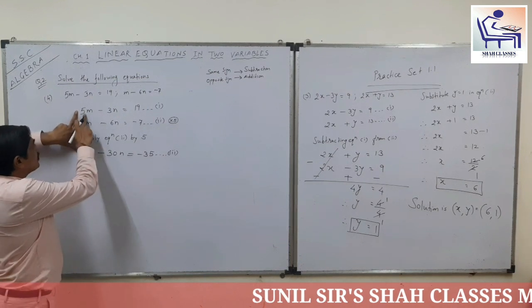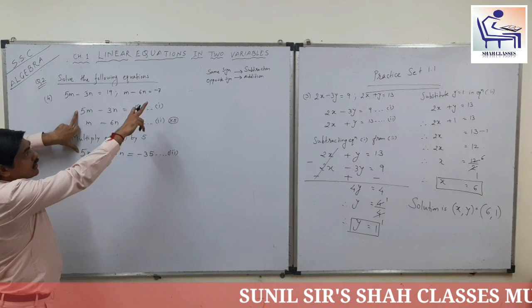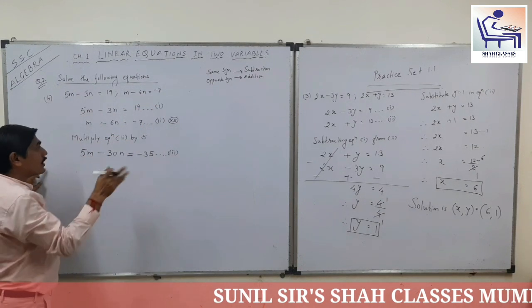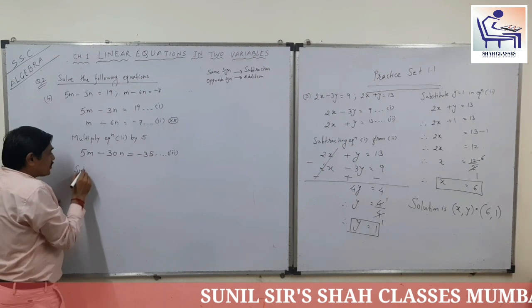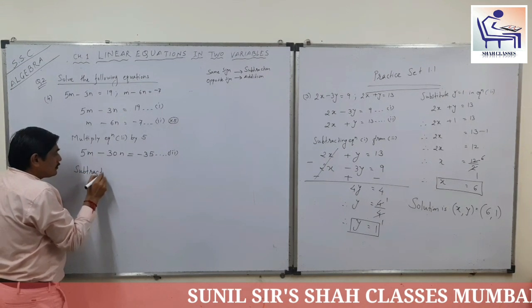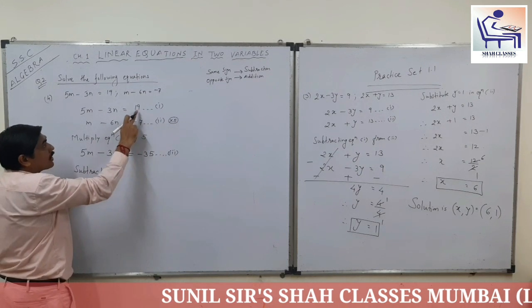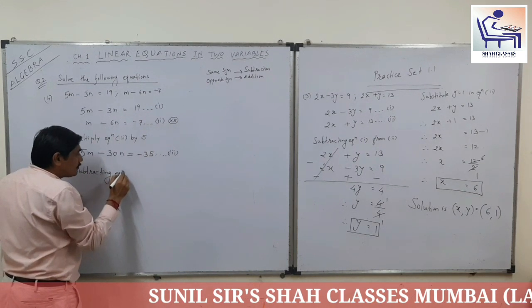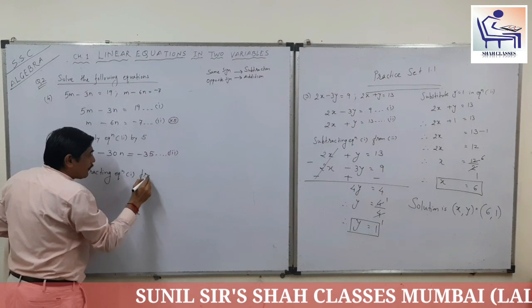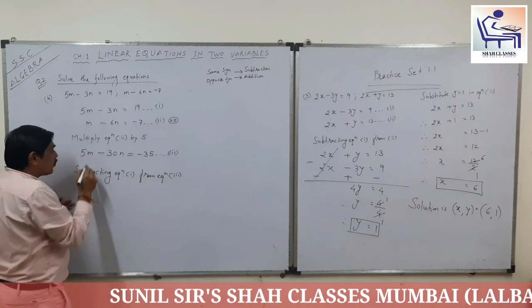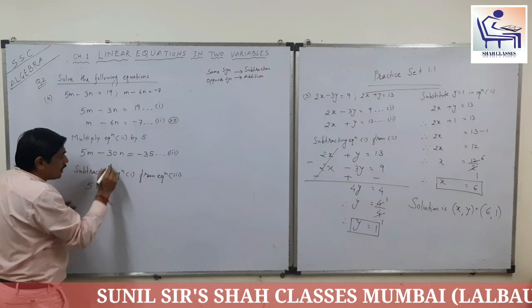Here again we have to check the sign. Both of them are having the same sign, so we will do the subtraction. This number is bigger than this, so subtracting equation 1 from equation 3.